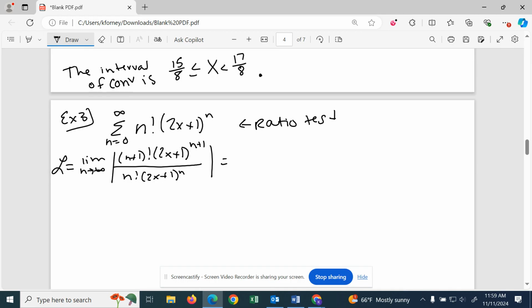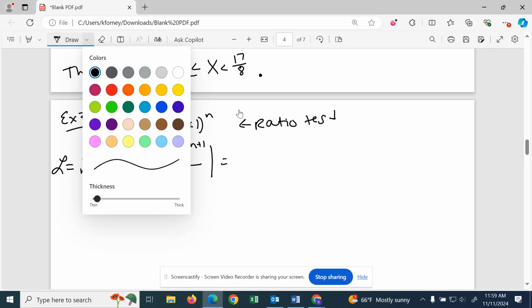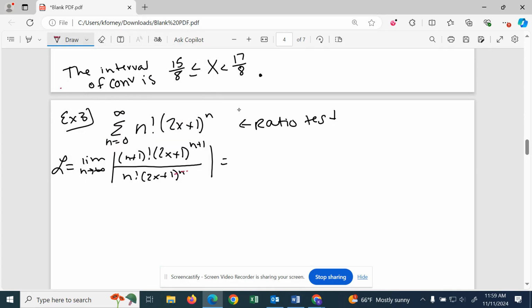Okay, we can start simplifying some things. We see the 2x plus 1 to the n's, and that part would simplify, but the n plus 1 factorial is not going to go anywhere. So we'd have n plus 1 factorial times 2x plus 1. Right?